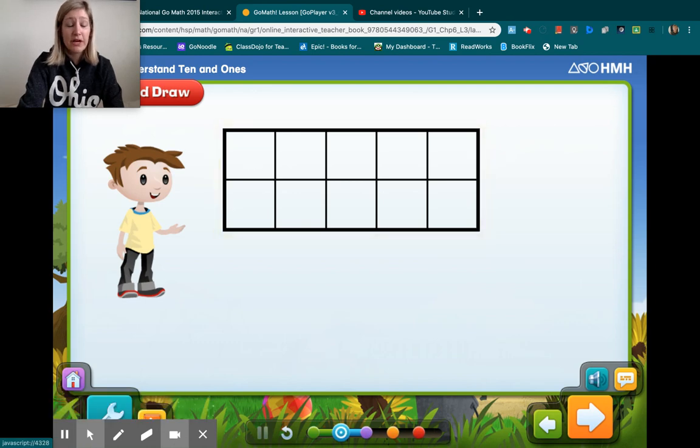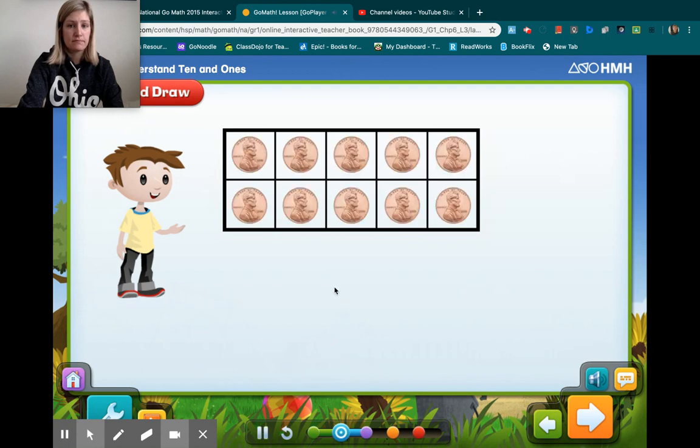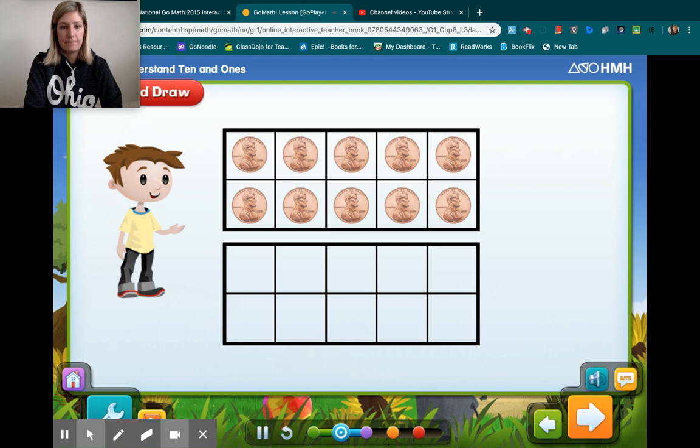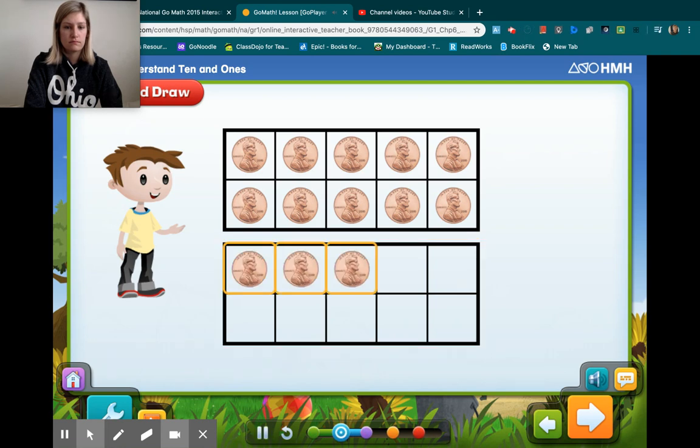So we're going to put a penny in each 10 frame square to fill the 10 frame and know that we have 10. This shows the number of pennies Tim already has. But Tim gets 3 more pennies. How can we show this? We need to put the additional pennies into another 10 frame. So let's count out 3 more pennies. 1, 2, 3. There, we placed 3 more pennies.